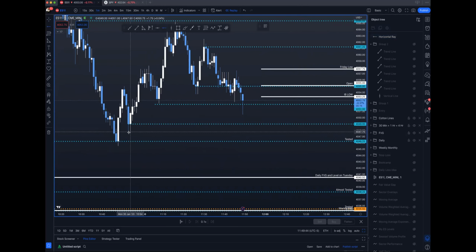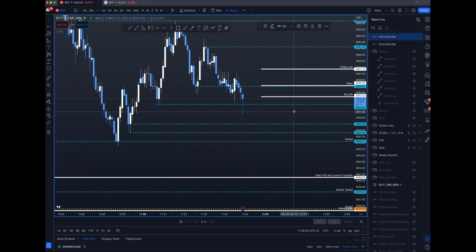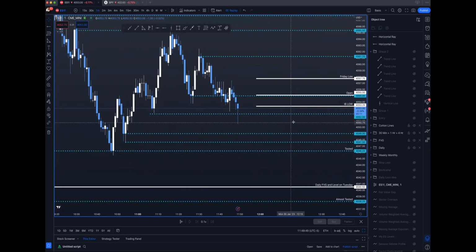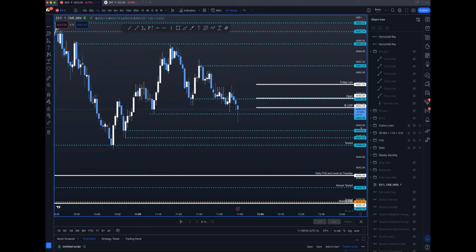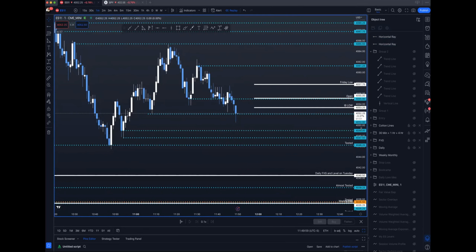And the ladder point. It's going nowhere fast.